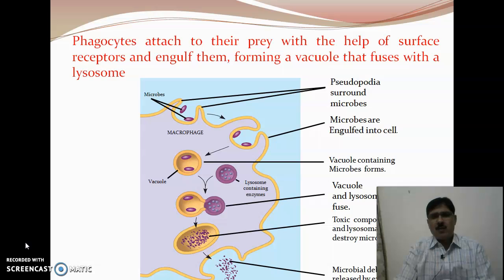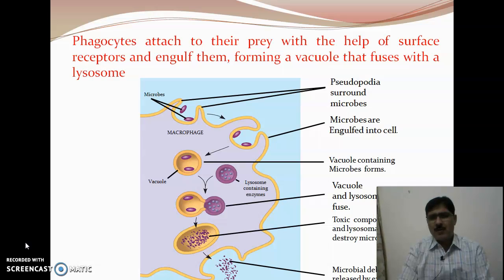Now how phagocytosis takes place is depicted here in this slide. First of all, the pseudopodia surround the microbes. Then the microbes are engulfed into the cells and a vacuole is formed which contains the microbes.